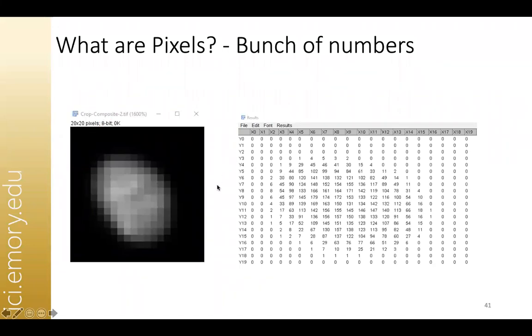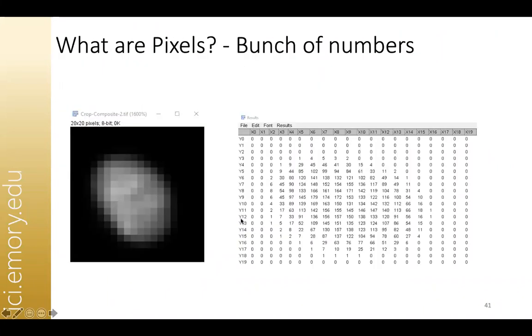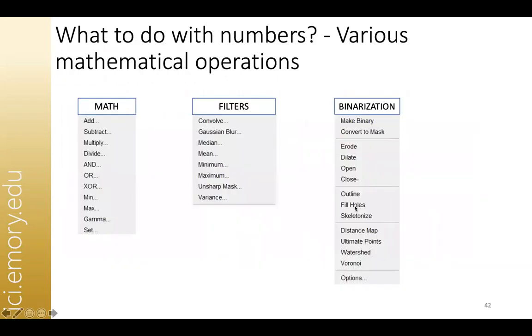So if this is a bit confusing, let's go further and try to understand a bit more about this. Because images and pixels are numbers, we can do a ton of things with these numbers, right? So we can do a lot of mathematical operations. We can use a lot of filters, which I mentioned a bit earlier.